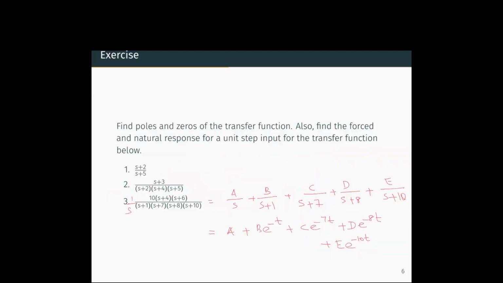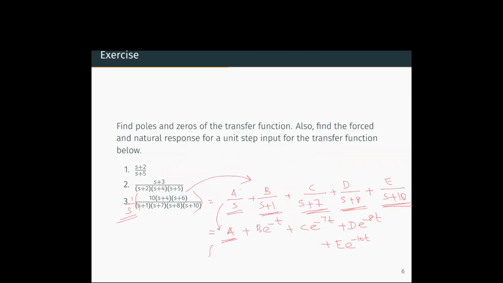Similarly, whenever you apply unit step input to this transfer function and expand it as a by s plus b by s plus 1 plus c by s plus 7 plus d by s plus 8 plus e by s plus 10, you find out the values of a, b, c, d, e to take the inverse Laplace transform. This a by s will contribute this term.